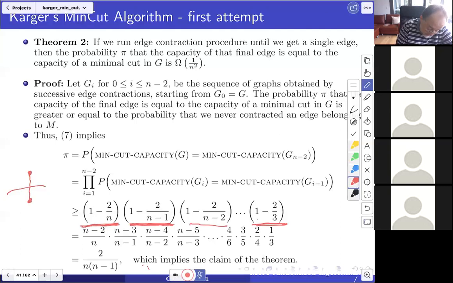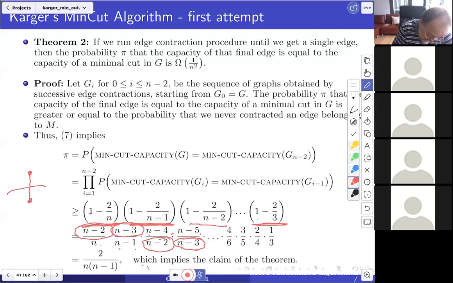And now, if you put these numbers as a single fraction, you get n minus 2 divided by n, times n minus 3 divided by n minus 1, n minus 4 divided by n minus 2, n minus 5 divided by n minus 3, and so forth. So notice this n over 2 can cancel out this n over 2 here. This n over 3 here can cancel out n over 3 here. And so forth.